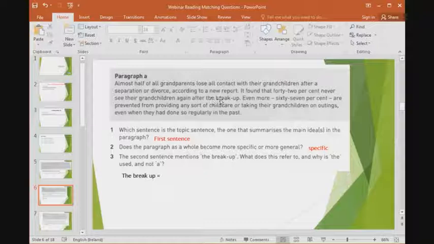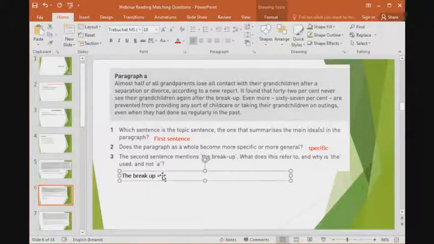So the breakup is here in the middle of the paragraph, but what is it referring to exactly? Good. It refers to cutting ties between family. Yes, you're correct. More specifically, though, it refers to separation or divorce.